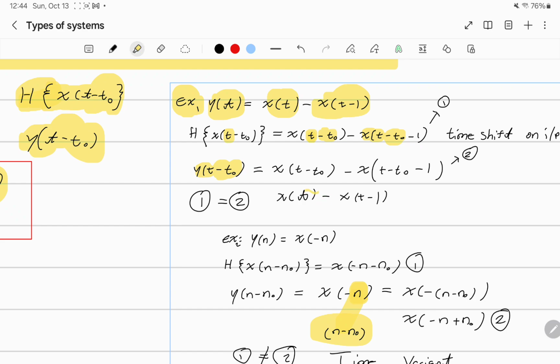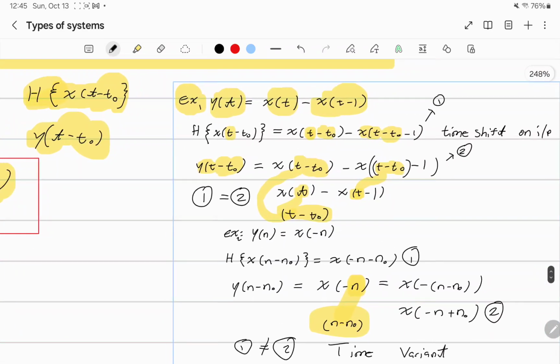For every t I see, I substitute t minus t naught, not minus t naught, but t minus t naught. Then for x of t minus 1, I substituted t minus t naught as well, adding brackets to make it clearer.